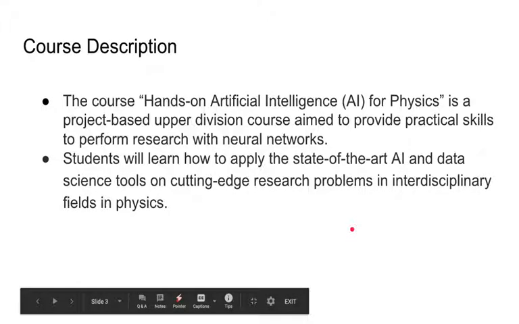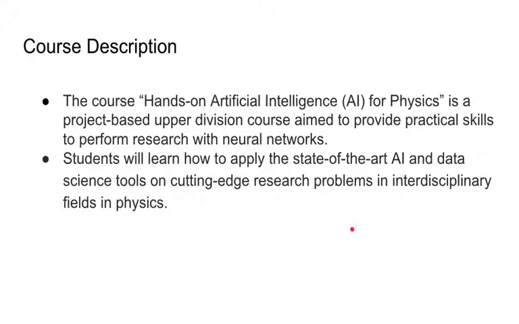This course is a project-based upper division course aimed to provide practical skills to perform research with neural networks. Upper division students include junior and senior students and graduate students.